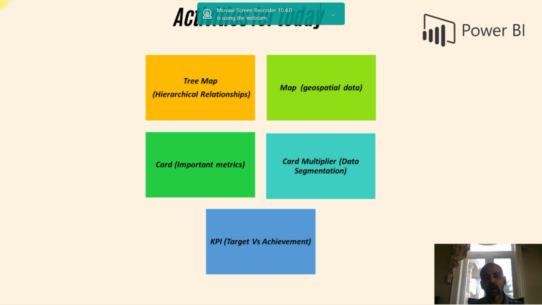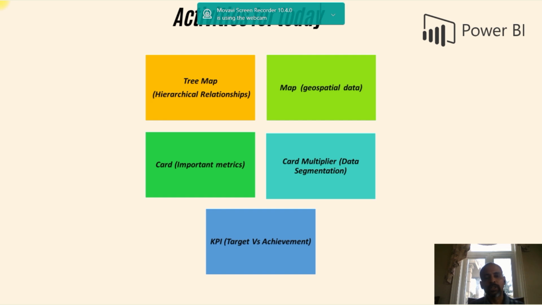And then we are going to see the card, wherein we are going to take up some important metrics. Let's say the attrition rate for the HR department if you're creating an HR dashboard, or if you're creating a sales dashboard, it could be your sales numbers or the sales revenue you have generated for a particular month or a year, based on the period you are going to report.